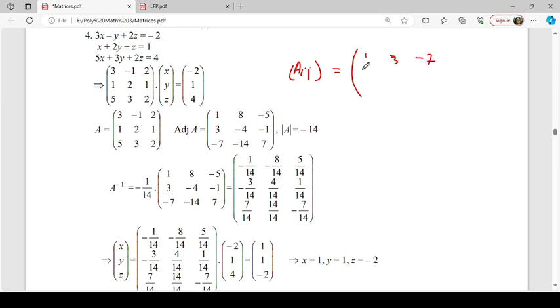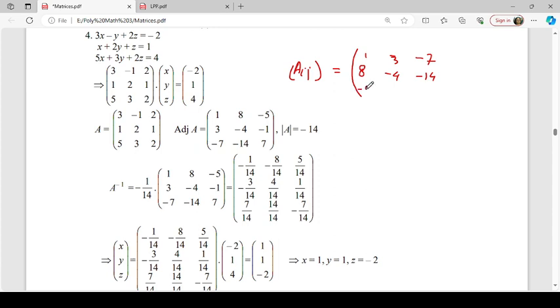Then cofactor of A21 is minus 2 minus 6, it is minus 8, so it is plus 8. Cofactor of A22 is 6 minus 10, minus 4. Cofactor of A23 is 9 plus 5, 14, it will be minus 14. Cofactor of A31 is minus 1 minus 4, minus 5.